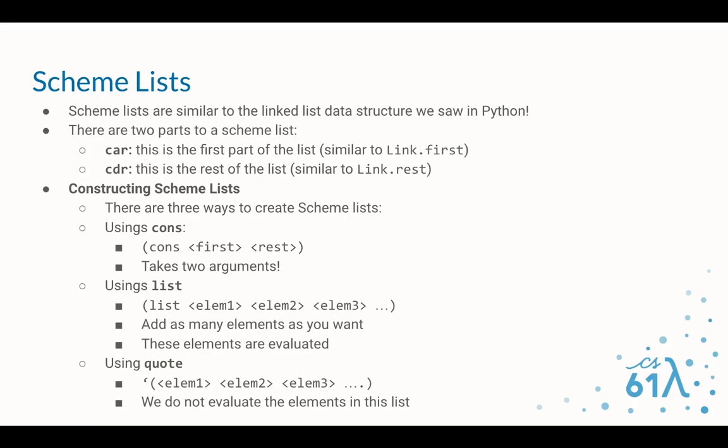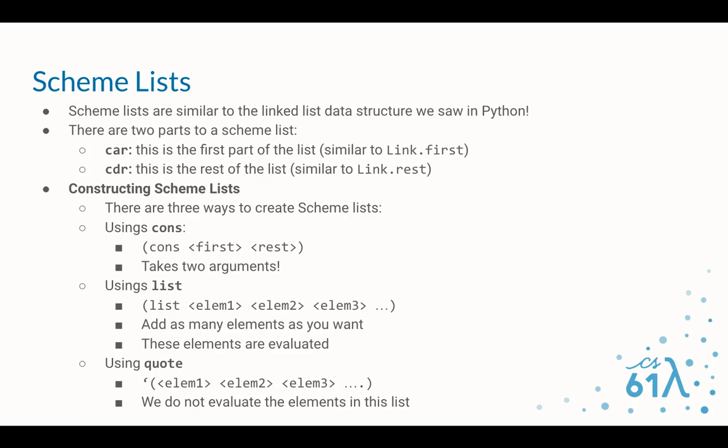In terms of constructing a list, there are three main ways to do this. One of them is using the cons operator. This is like the way that you created links using the Link object in Python. There you'd have Link, right?